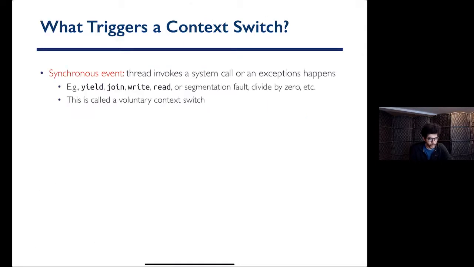The first one is a synchronous event. A context switch could be triggered synchronously with respect to the program. This means that if you call a system call, or if your code executes wrong code, like if you divide by 0, these are synchronous events caused by your program.